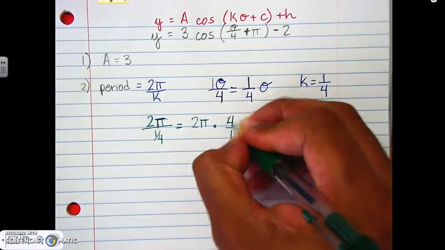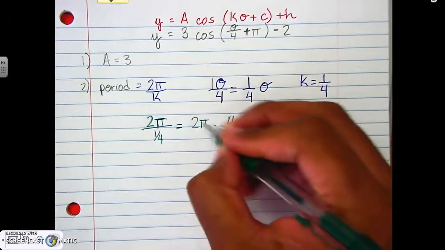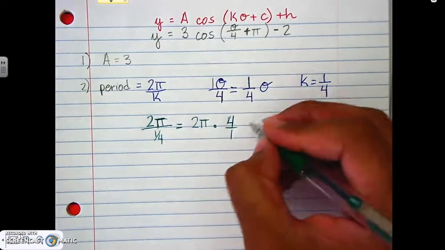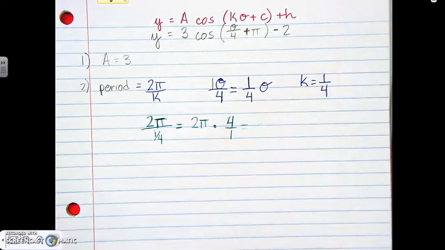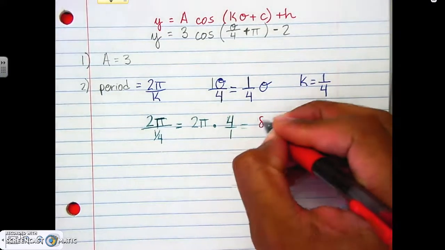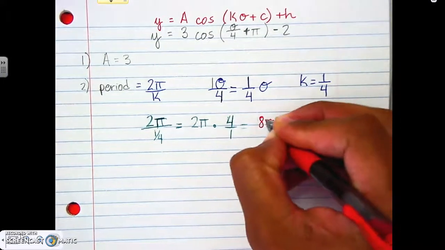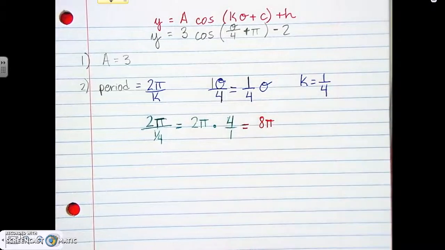Keep, change, flip. So that means our period is 8 pi. So that's what we're looking for, our period.